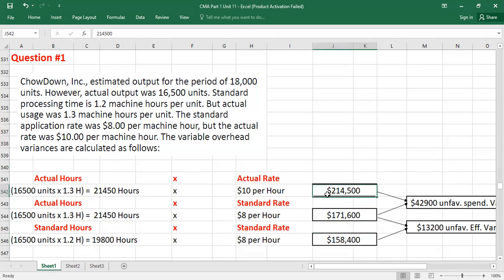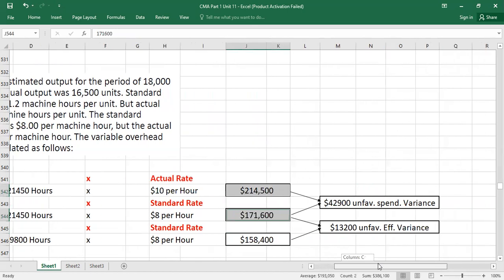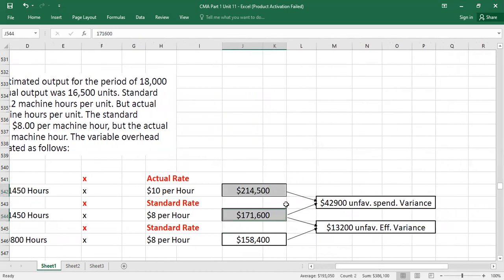The difference of the first two lines is the rate variance. Whenever your actual rate is more than standard, this will result in unfavorable. So in short, if the first line is higher and the second line is lower, this will result in unfavorable spending variance. The difference is $42,900 unfavorable spending variance.